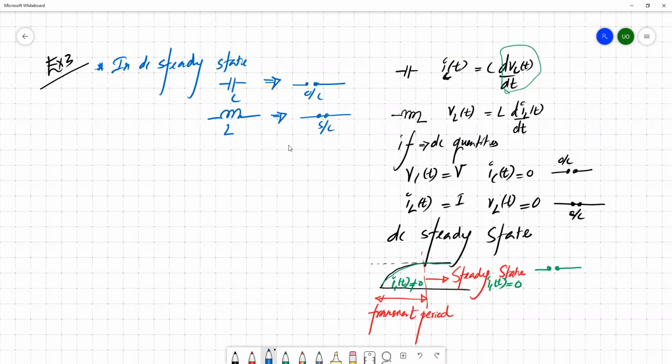From this, we can make two conclusions. One is, if the circuit is in DC steady state, all the capacitors in the circuit can be replaced with open circuit elements, and all the inductors of the circuit can be replaced with short circuit elements. Hope it's clear. This is the conclusion we made when they are in DC steady state. We'll then move to the circuit.